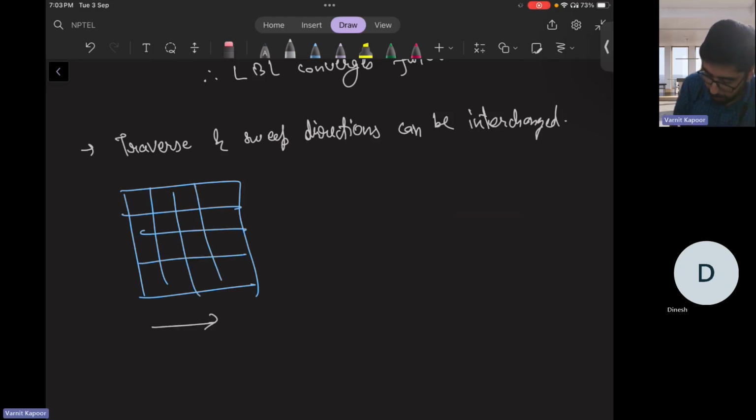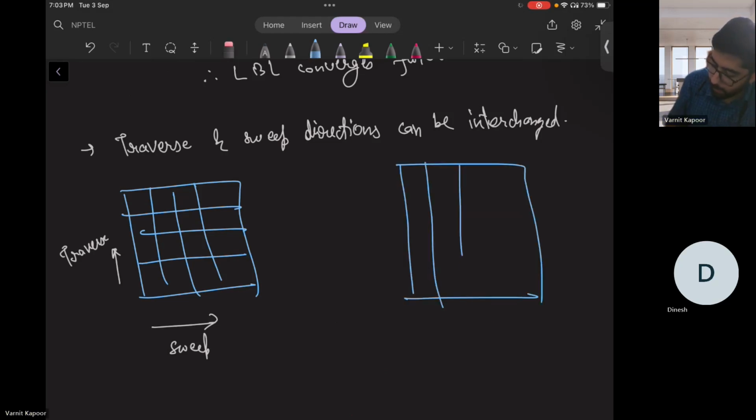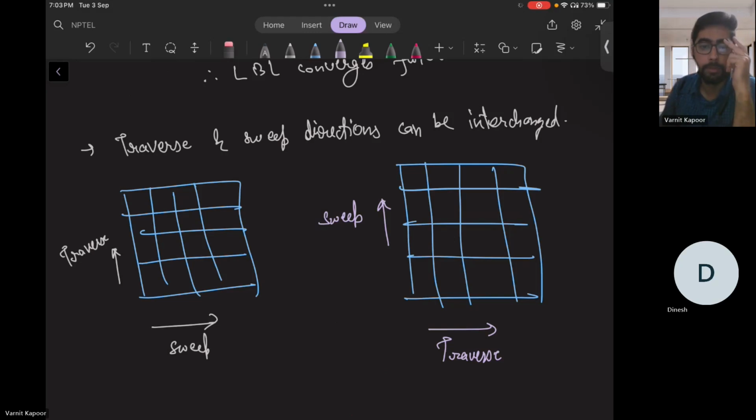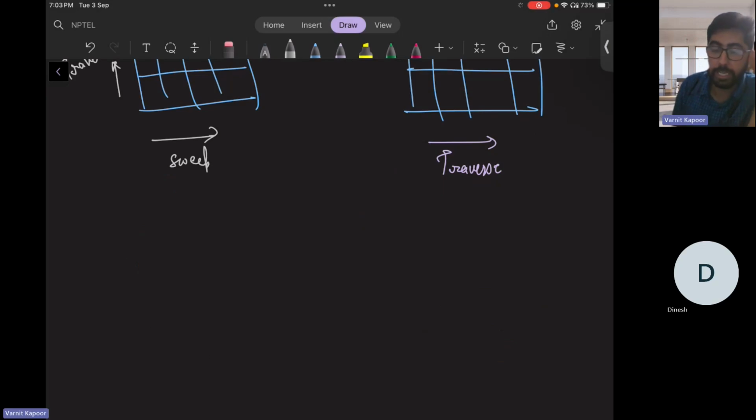If you were doing sweep here, traverse here, you can do it another way also. You can do traverse here, you can do sweep. Third point is which direction should be traverse and which direction should be sweep.